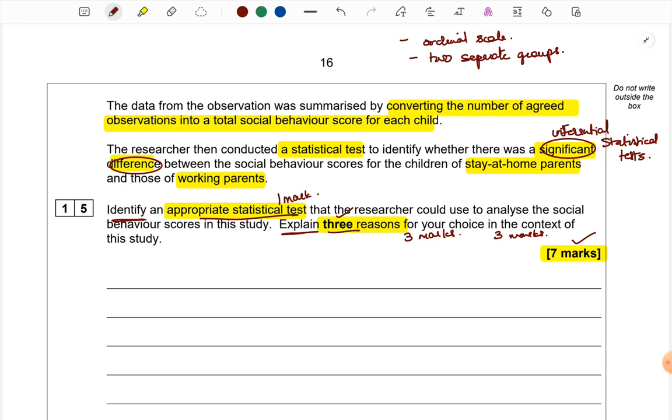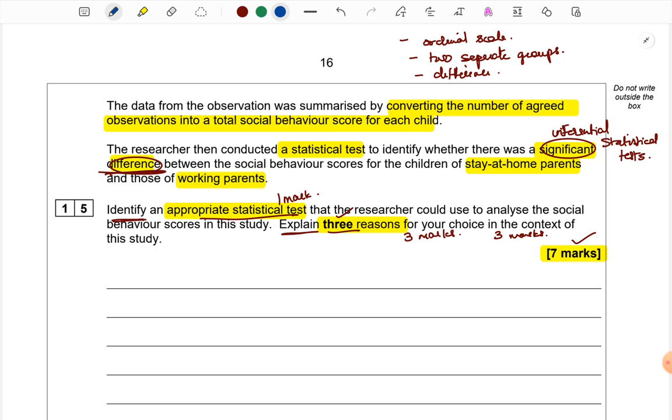Another reason is it is not correlation. Otherwise, we would have to do something like Pearson's correlation test or Spearman's rho test. Rather, it is a test of difference in the social behaviors. That they have made very clear. So, for differences, the Mann-Whitney U test is there. These are the reasons for using the test. I cannot think of any other. So, these are the three reasons that we will stick by.